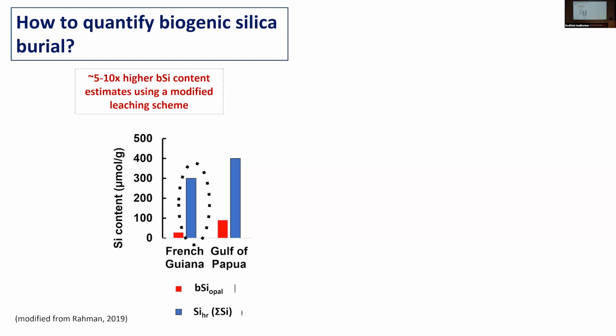Your traditional leach is the bar in red, which assumes that the frustule does not have a coating. Then there's a modification where you try to remove that coating before you dissolve the silica frustule.